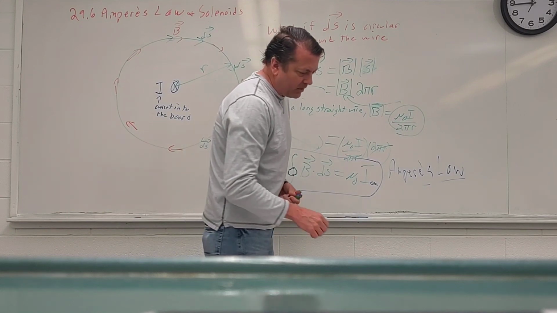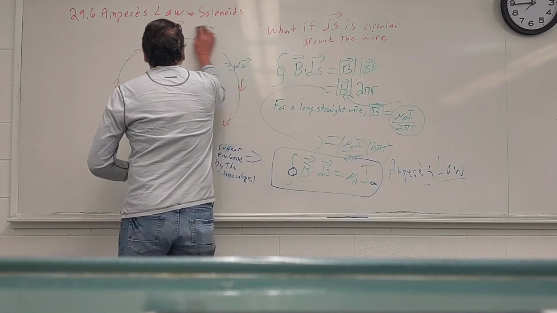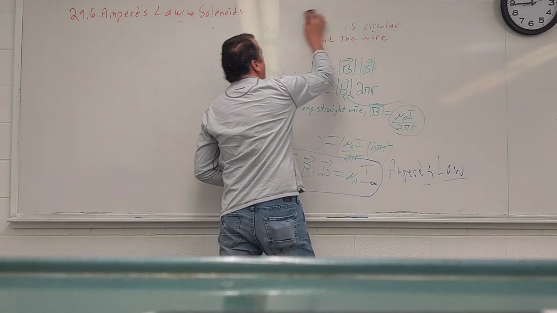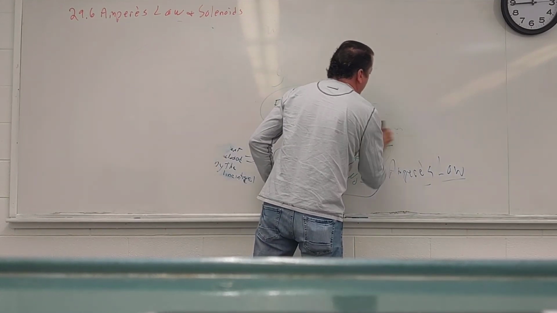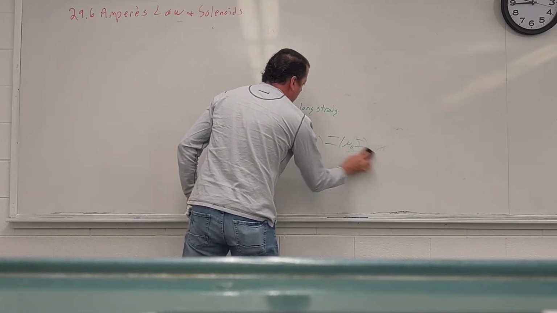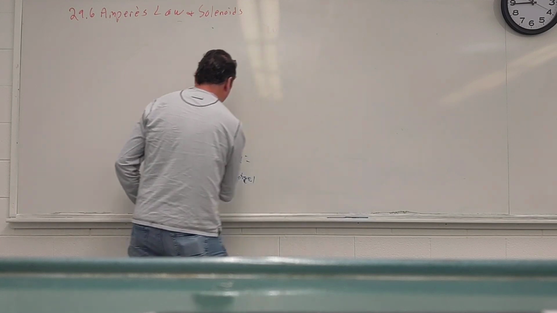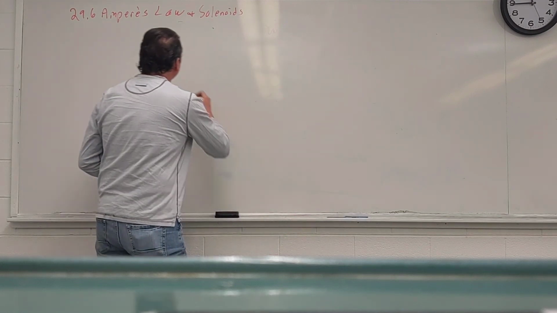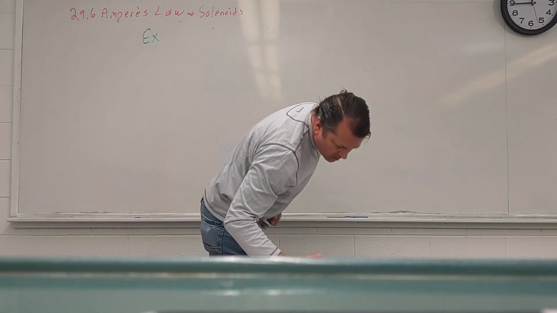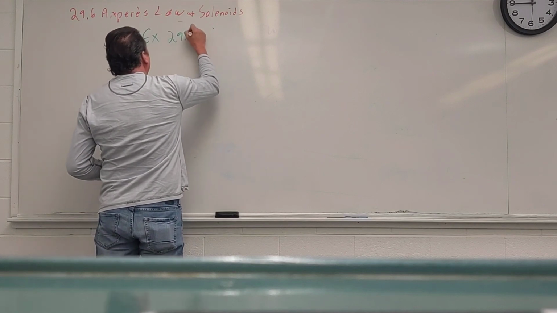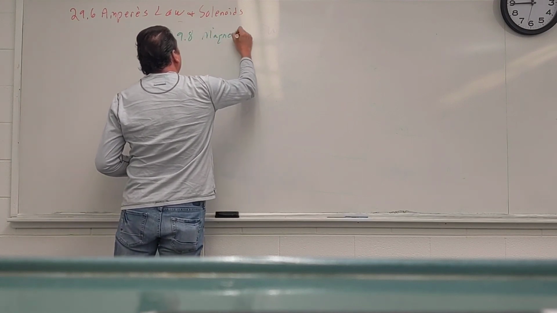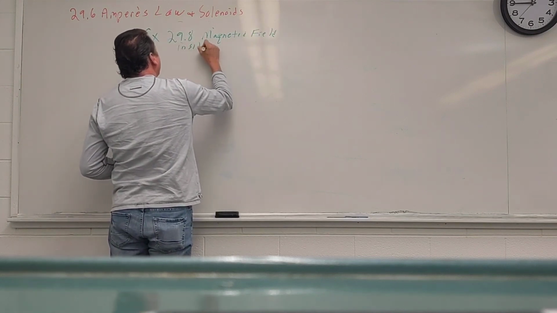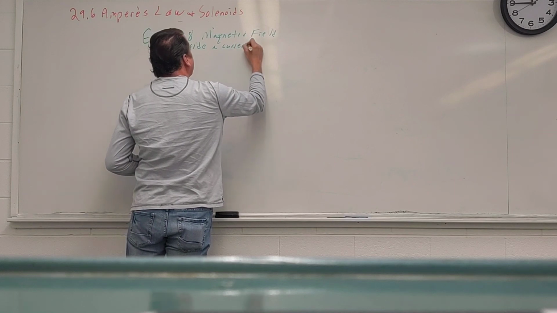Okay. Now, the book does example 29.8, the magnetic field inside a current carrying wire.